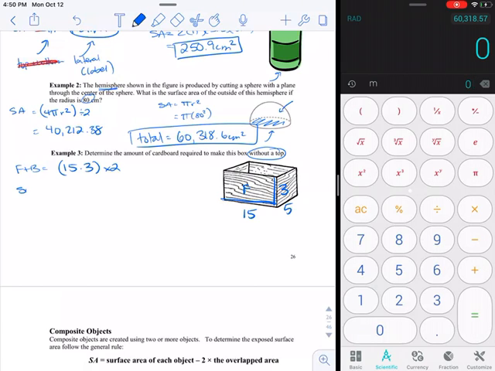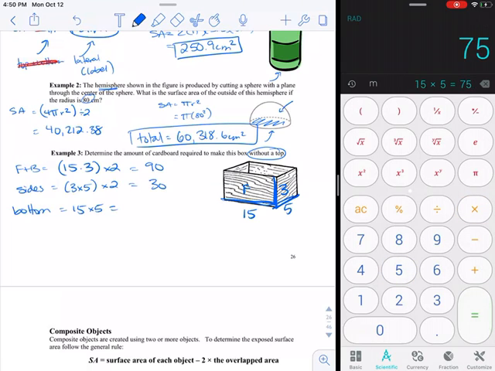The sides are going to be 3 by 5. And we have 2 of those, so we multiply by 2. And then the bottom is 15 by 5, and we just have 1 of those, so we don't have to multiply by 2. So 15 times 3 times 2 equals 90. 3 times 5 times 2, that gives us 30.